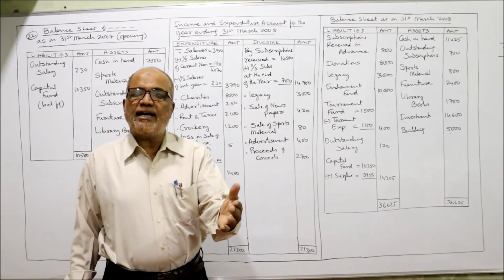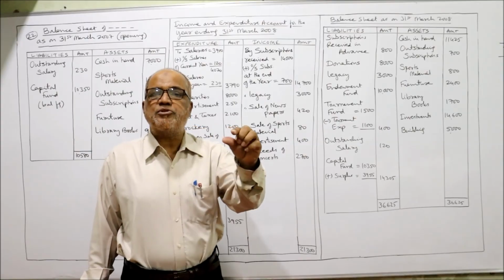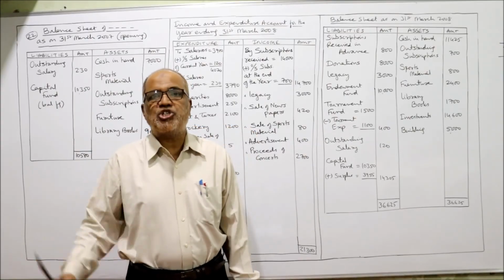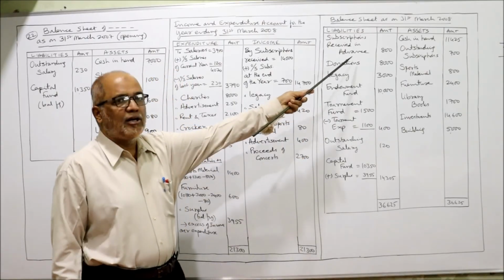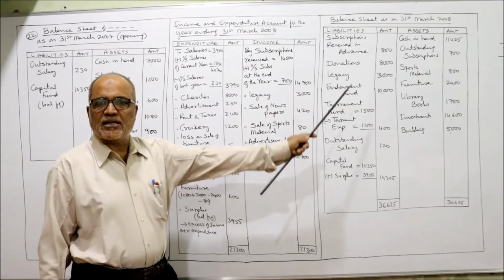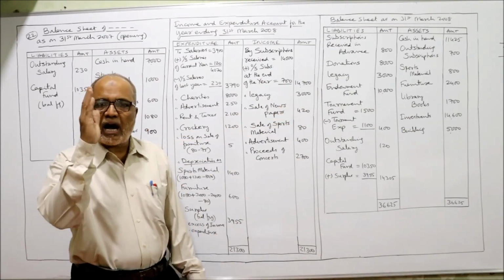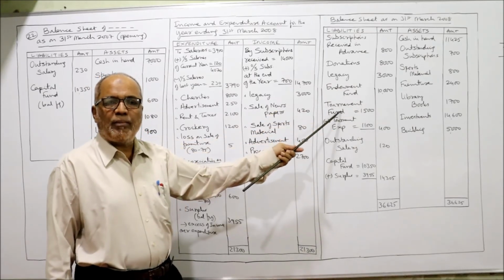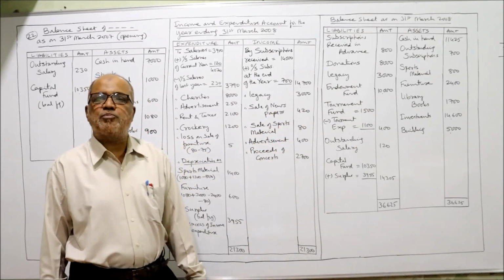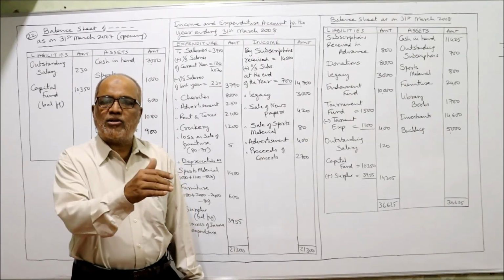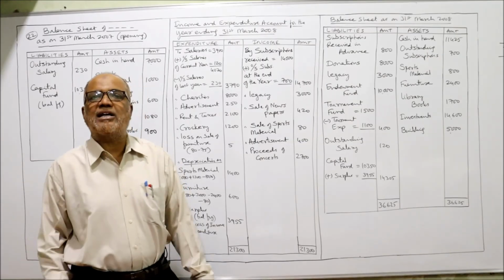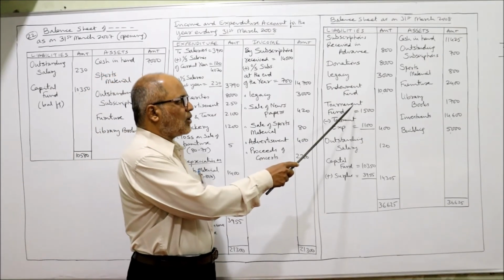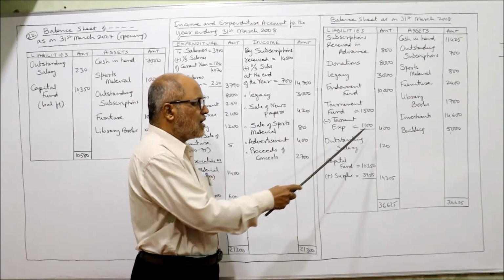On the receipt side, you can see advance subscriptions received for the next year, that is 800. Donations are capitalized, complete donations. Legacy, half of the legacy capitalized. Endowment fund. Tournament fund minus tournament expenses. The receipt side tournament fund, payment side tournament expenses.